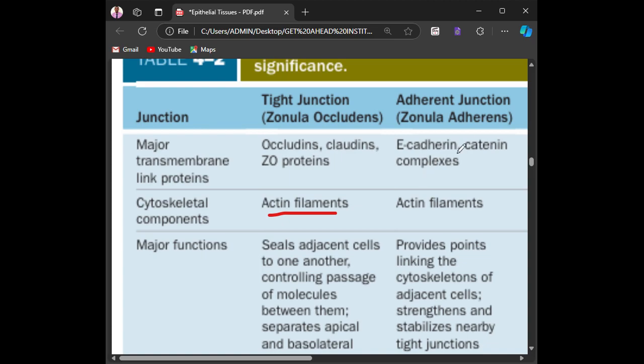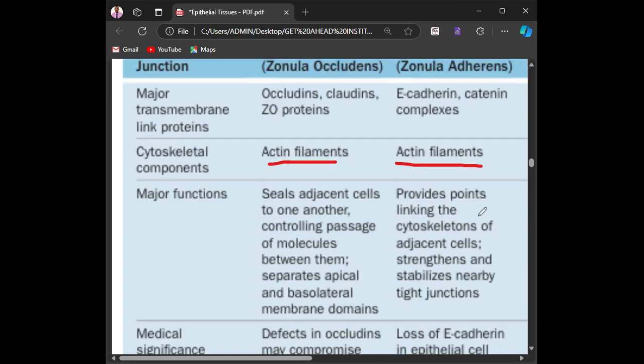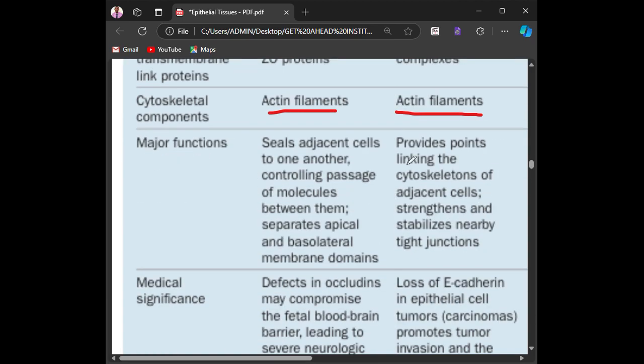The zonula adherens also contain actin filaments. The major function is that they provide points linking the cytoskeletons of adjacent cells and strengthening and stabilizing near tight junctions.